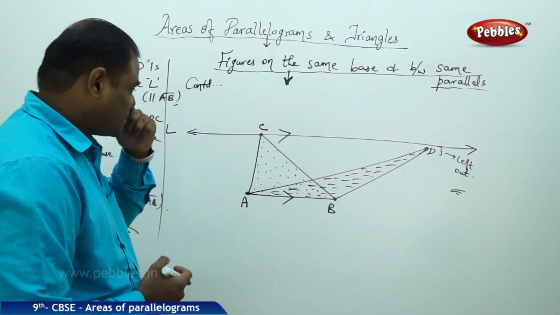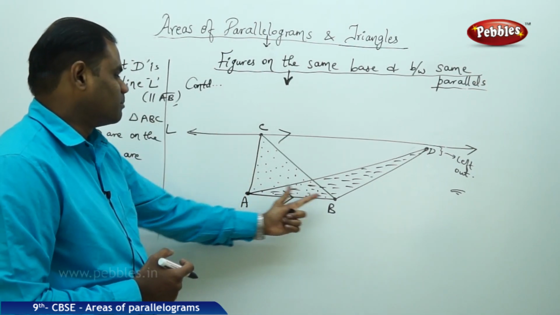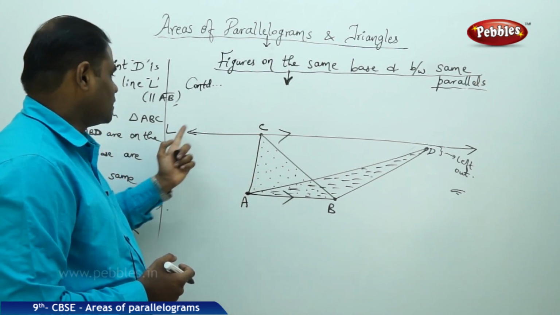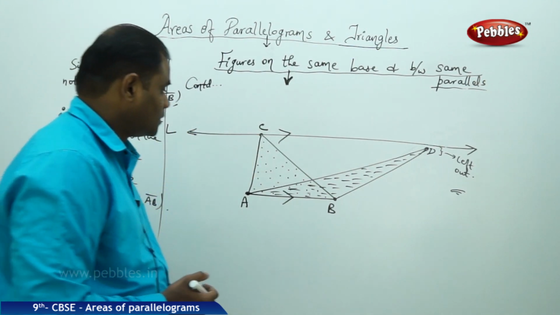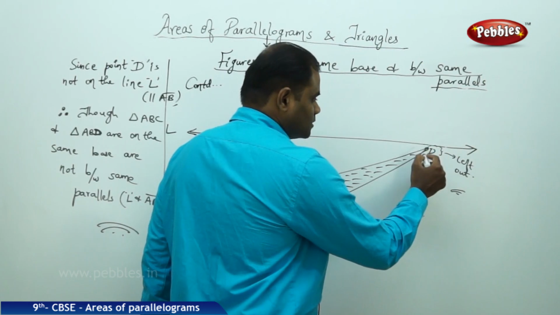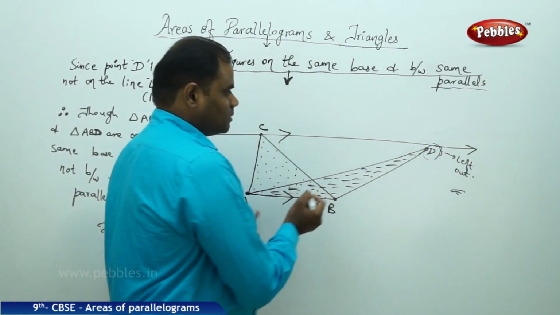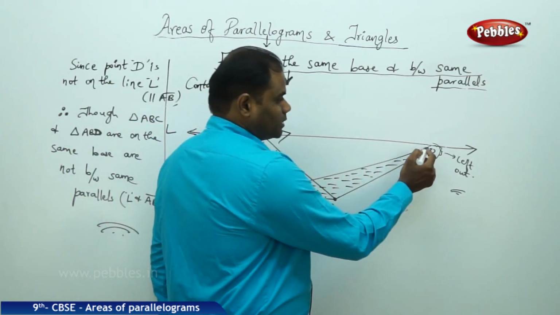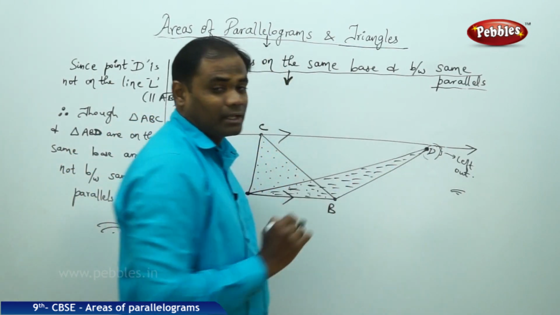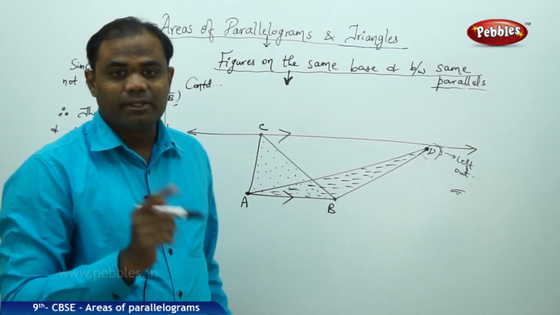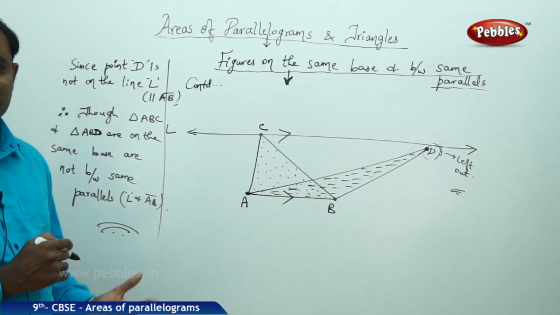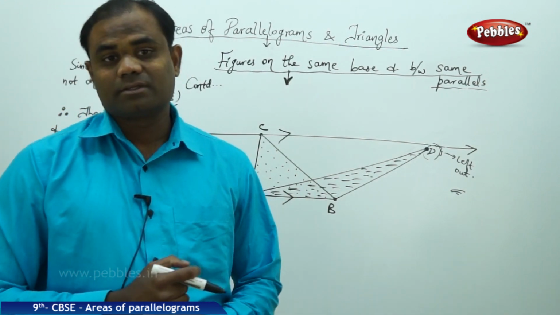So here the remaining vertices other than the base here is C, so this must entirely lie on the line L, which is parallel to AB. Here the remaining vertex D other than the base AB must lie entirely on L, but since the point D does not lie on the line L, which is parallel to AB, therefore it is not between same parallels, but it is between the same base AB.